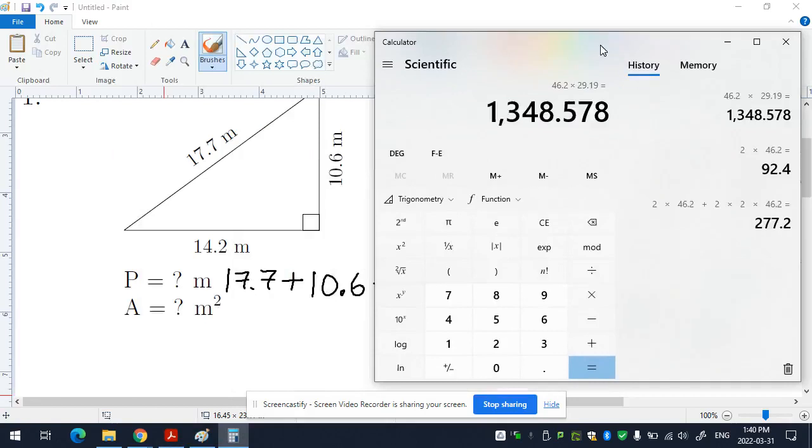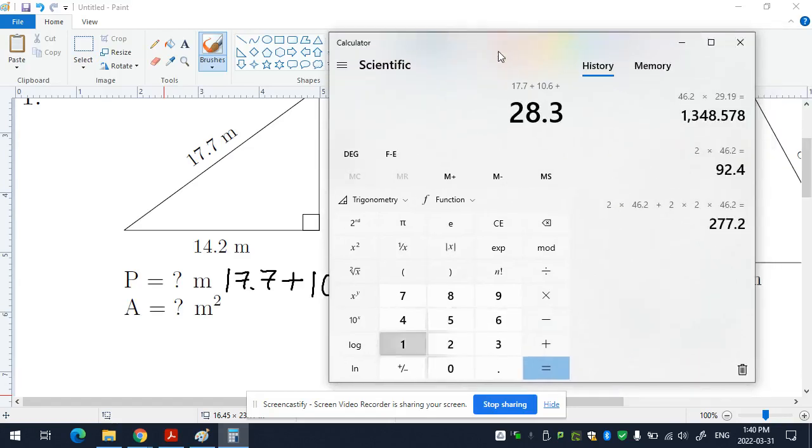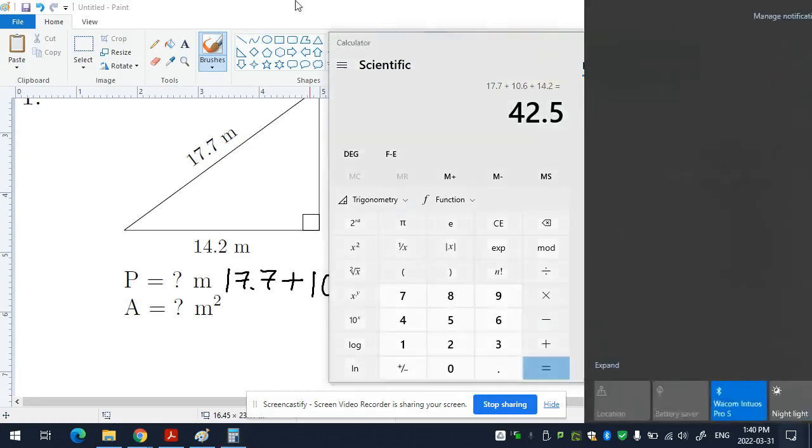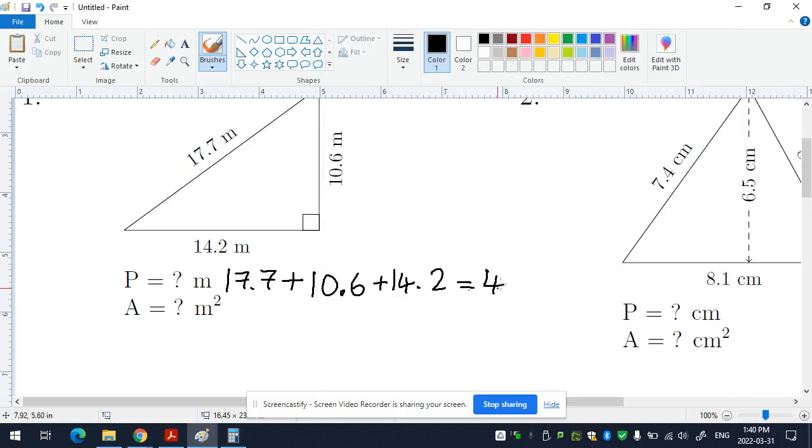Everyone look. 17.7 plus 10.6 plus 14.2. Yep, 42.5. In what unit? Come on, people. What is the unit for perimeter? Perimeter is the easy one. It's meters.